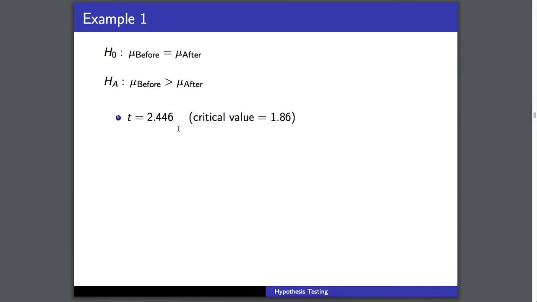are: t-value 2.446. That is greater than our critical value of 1.86. Our 5% significance level for a right-tailed test with 8 degrees of freedom should give us 1.86 for its critical t-value. P-value 0.0201, 2.01%. Our alpha value is 5%.